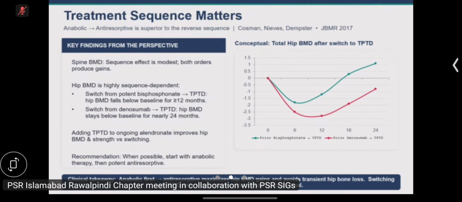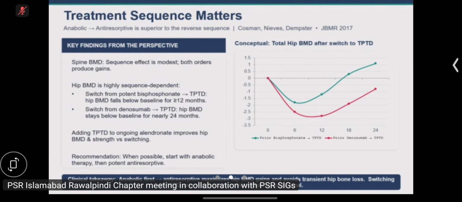Now, this is a very important finding. Whether this translates into a meaningful increase in fracture risk is debatable, but it has been seen consistently that their T-score falls below baseline when this switching is done. However, conversely, if we add teriparatide to ongoing therapy with alendronate, that results in improvement of hip BMD and improvement in hip strength.